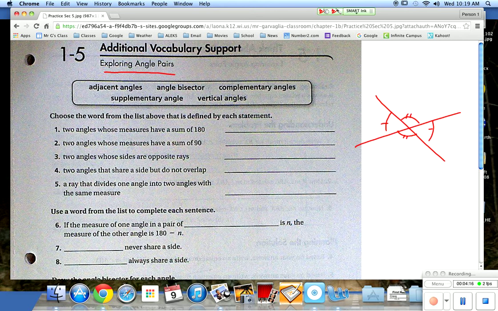All right? So let's take a look at our list here. Two angles whose measures have a sum of 180 degrees. Is supplementary right?